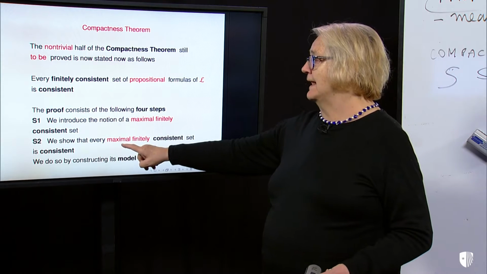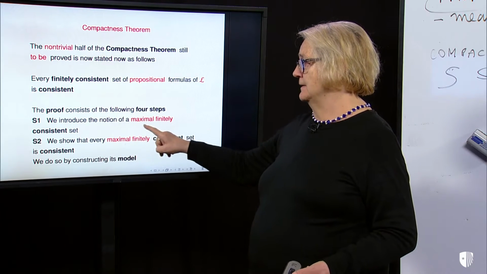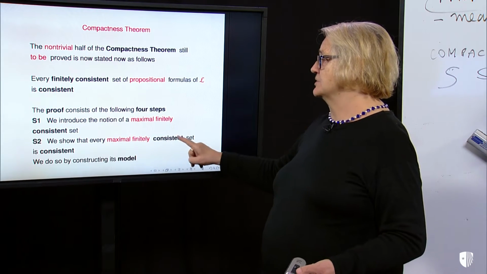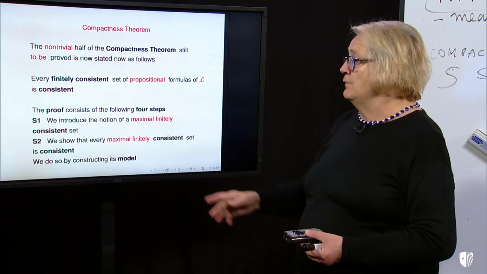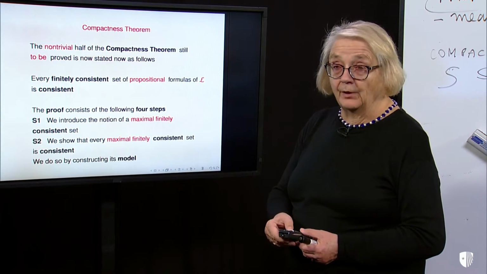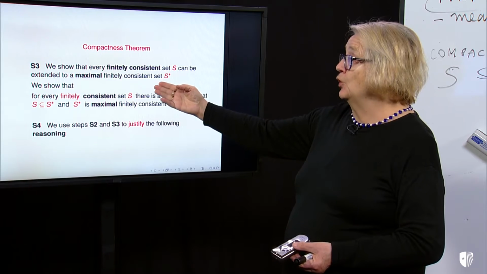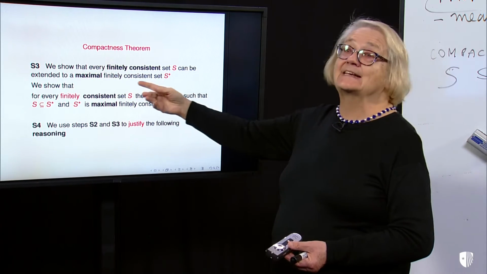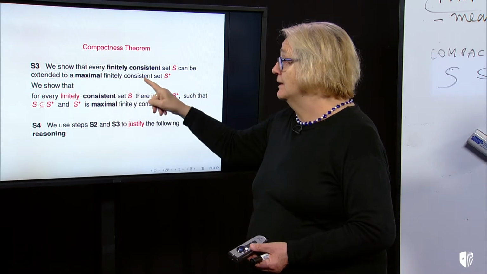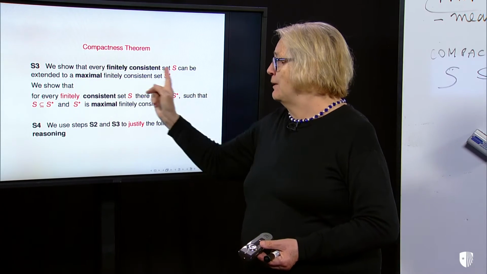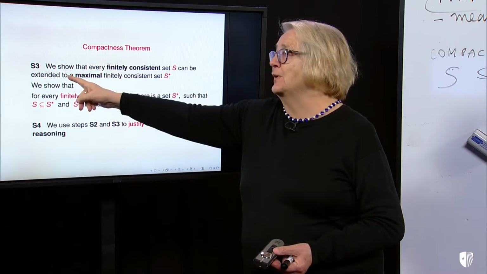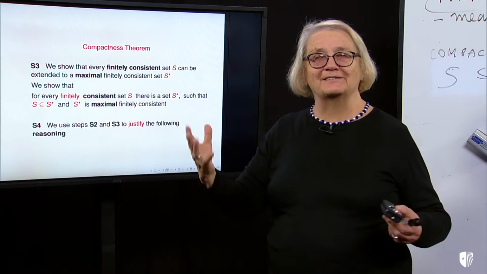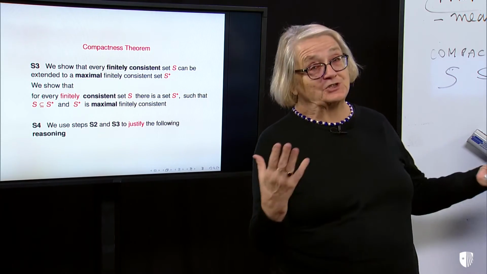Second, we show that every maximal finitely consistent set is consistent. We do it by constructing a model. Third, we show that every finitely consistent set can be extended to a maximal one. We put a star because it is an extension, like V and V star.